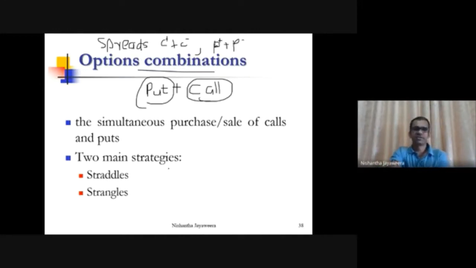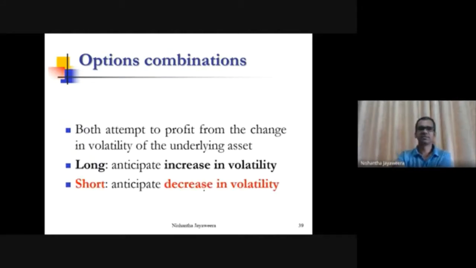Again, there are two main strategies: straddles and strangles. What is a straddle? Before I go into straddles, when do you do this? Both these combinations, straddles and strangles, we use to make a profit from the change in volatility.